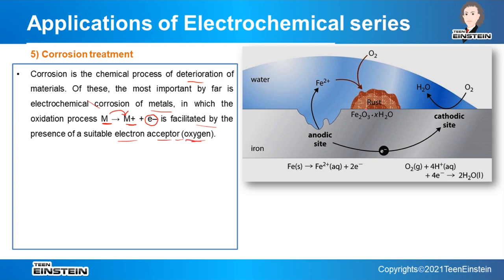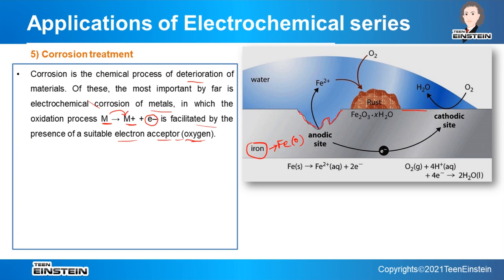Here we have a picture, and this is iron, that means it is in zero oxidation state. Fine. Now on the iron surface, suppose there is a part where the surface is not smooth, while elsewhere the surface is smooth.